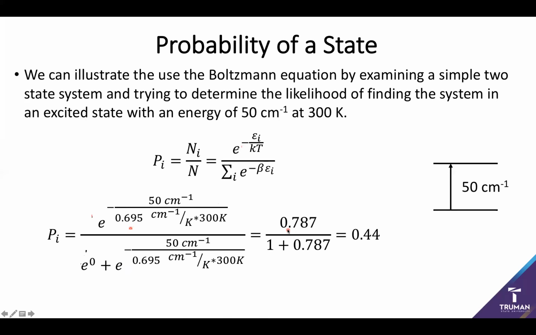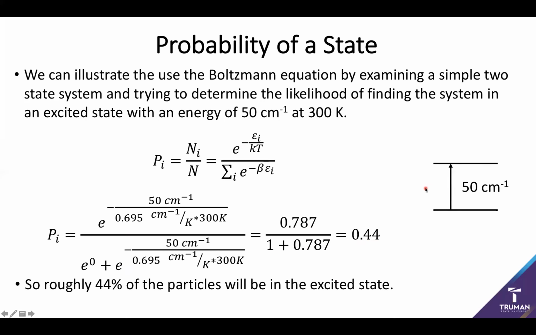And we have a value of about 0.787 over 1 plus 0.787. So this means I've got a probability of 0.44 of finding my system in the excited state. Roughly 44% of our particles are going to be in the excited state, or about 56% of the particles will be in the ground state.